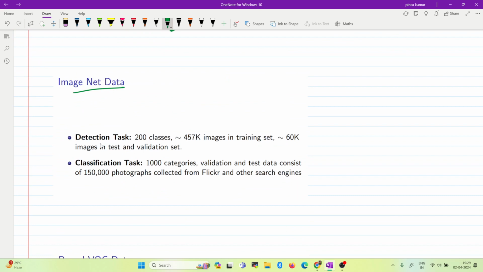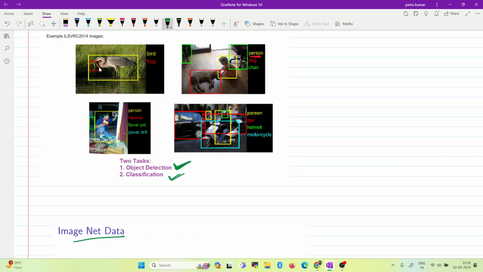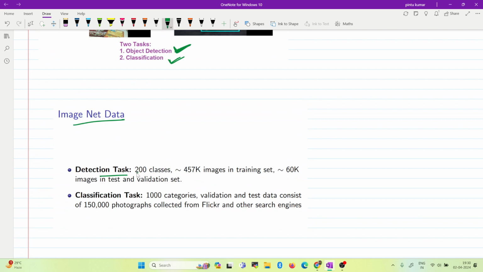For the detection task, for this square bounding box task, you have 200 classes and some 457,000 images for the training data set and some 60,000 images in the test and validation data set. 60,000 is pretty huge. Right? And for the classification task, you have 1,000 categories, where validation and test data sets consist of, I think, 1.5 lakh photographs collected from Flickr and those kinds of places.